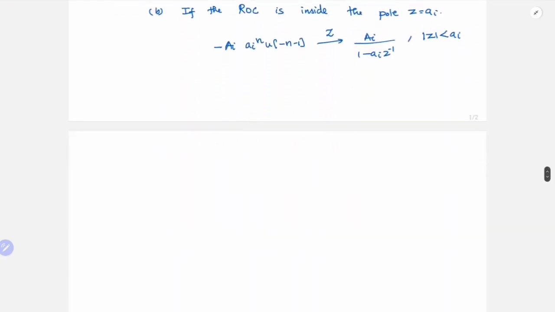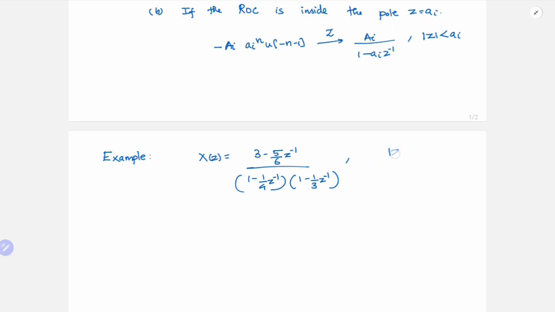So we'll see a short example. We'll use the same example we used in the last lecture, except for the change in your ROC. Okay, so I have X of z equal to 3 minus 5 by 6 z inverse by 1 minus 1 by 4 z inverse into 1 minus 1 by 3 z inverse.